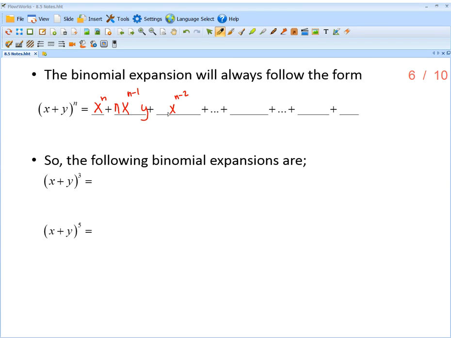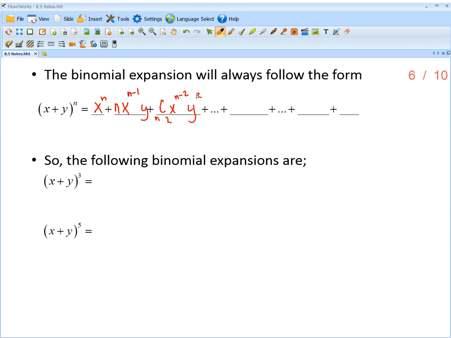What comes here is part of that Pascal's triangle. So this is where we'd be doing n choose 2. The reason this is 2 is because your r value is 2.